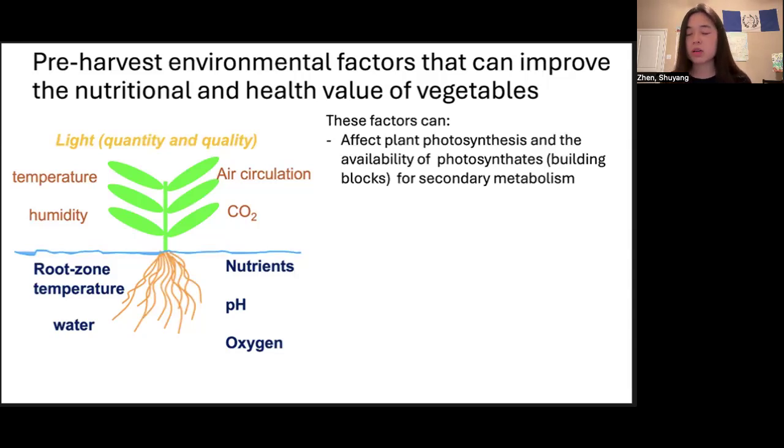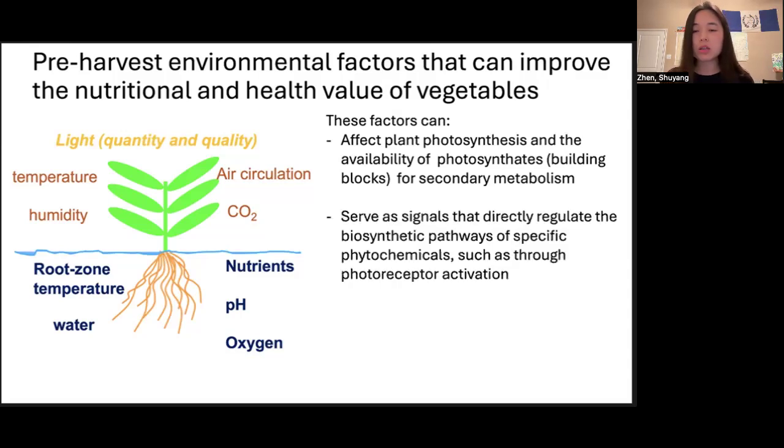For example, the amount of light a plant receives or the growing temperature would affect plant photosynthetic rate and the accumulation of photosynthates. And photosynthates serve as the building blocks for the biosynthesis of secondary metabolites. Another way for those factors to affect nutritional quality is through serving as signals that regulate the biosynthetic pathways of specific phytochemicals.